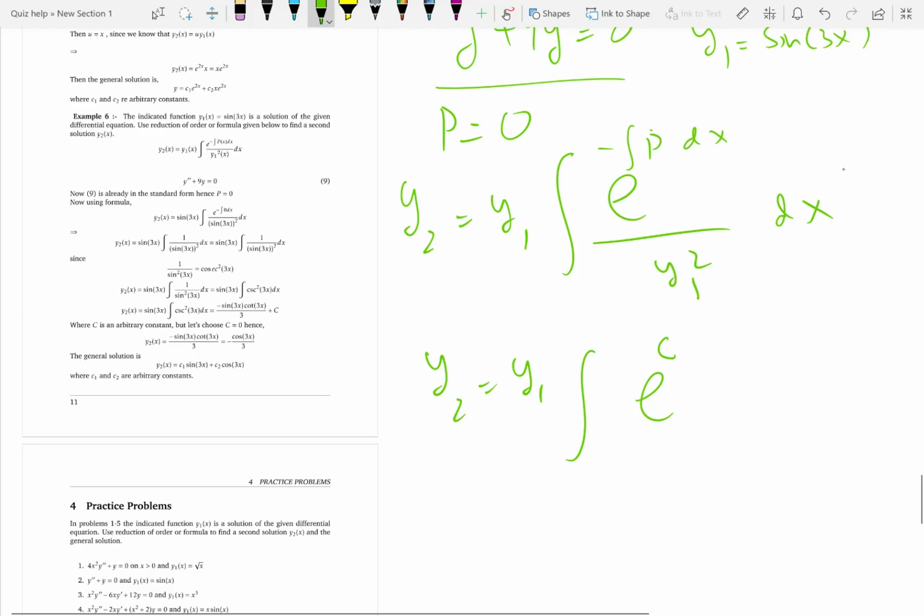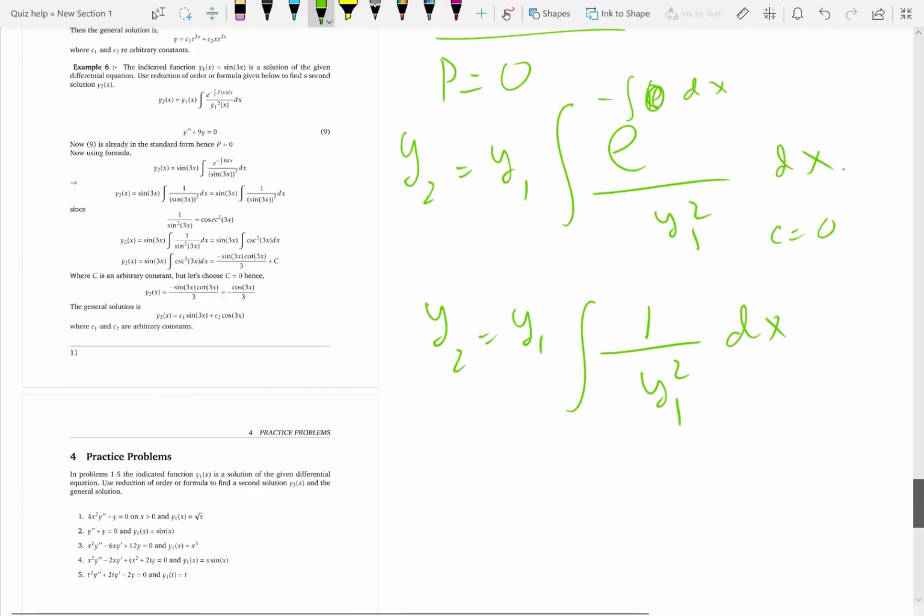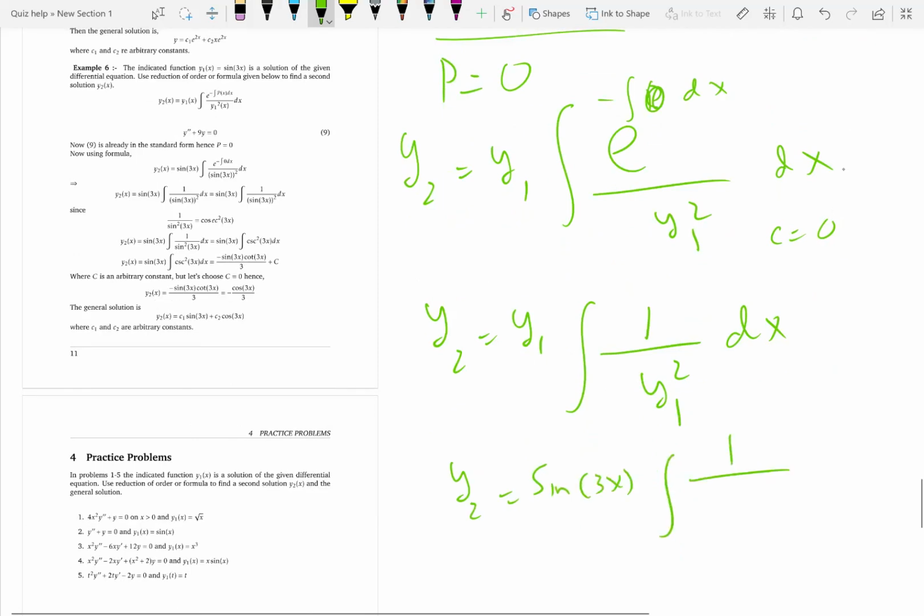When you integrate 0 you get a constant. So we can choose our constant to be 0 for simplicity, so then it will be just 1. Okay, so we are done with that term, just 1 over y1 squared. Okay, so what is y1? y1 is sine 3x. So let's substitute it. So y2 is sine 3x times the integral of 1 over sine 3x, squared, right?